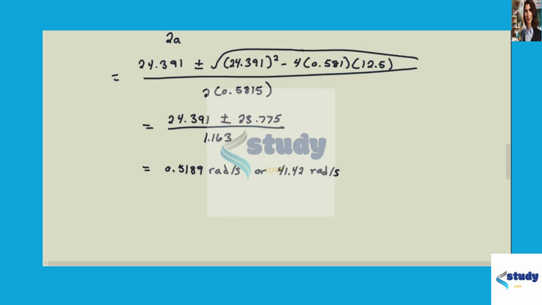So now we got to convert these to RPMs. So we're just going to convert it to RPM. And what we're going to do is multiply both of these by 60 over 2 pi, RPM per radians per second.